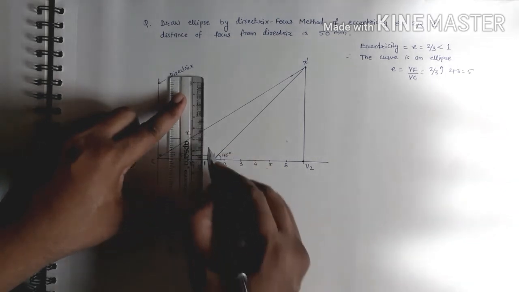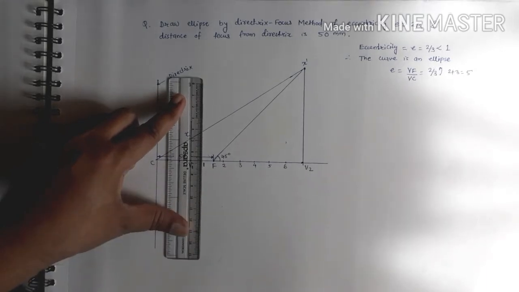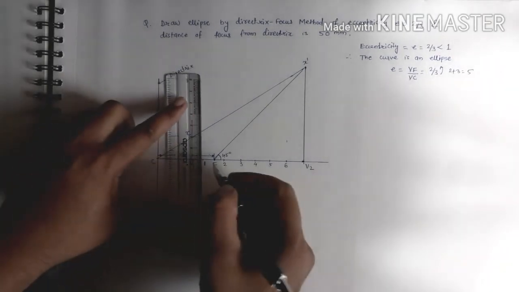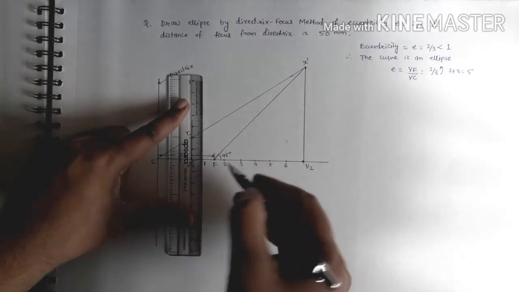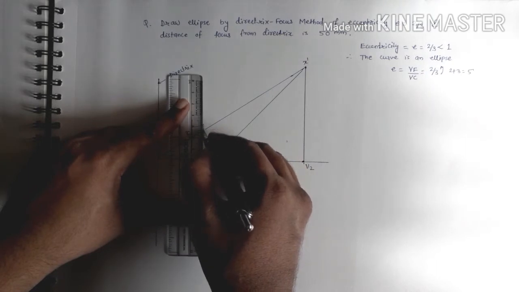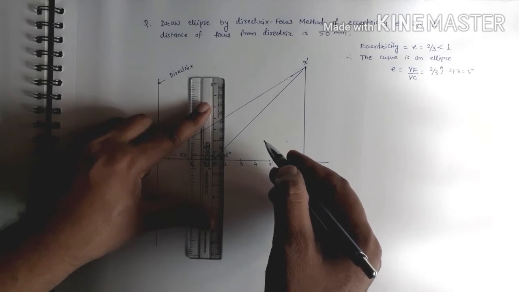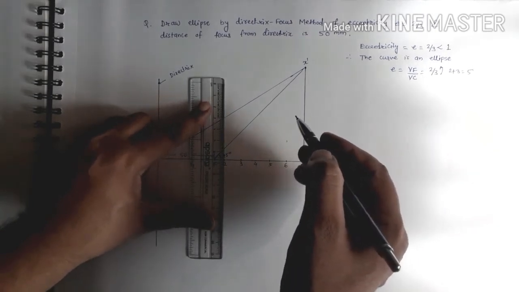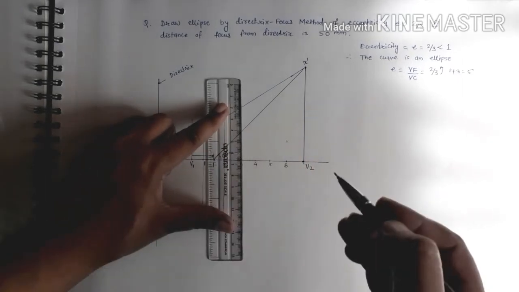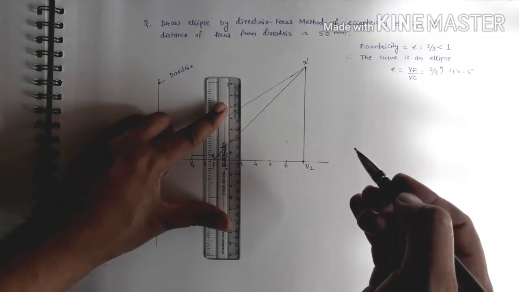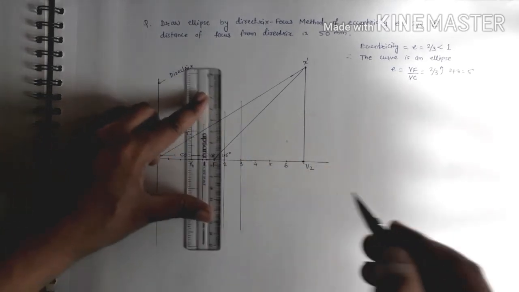So draw lines from 1 passing through x dash on the top side and bottom sides. Then 2 passing through x dash, top side and bottom side. Similarly 3 passing through x dash.